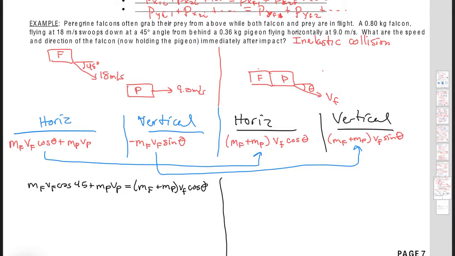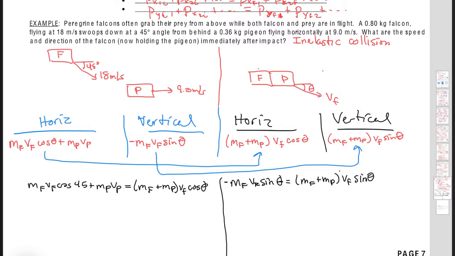And then I'm going to do negative MF VF sine theta equals MF plus MP VF sine theta, right?